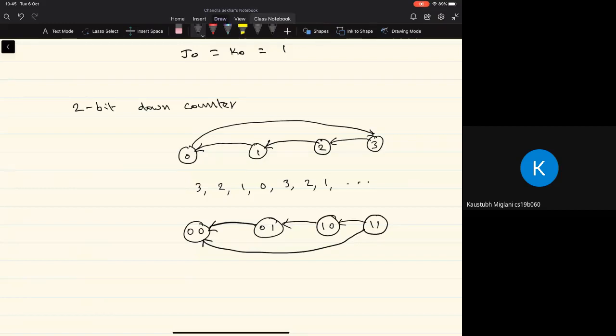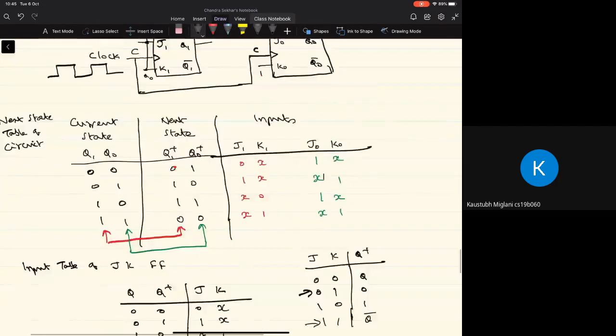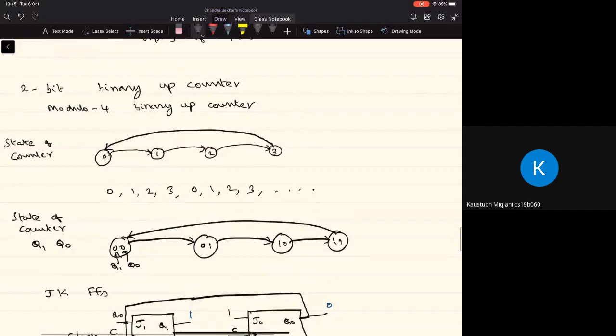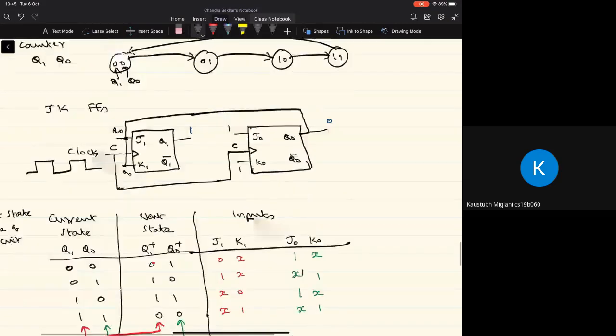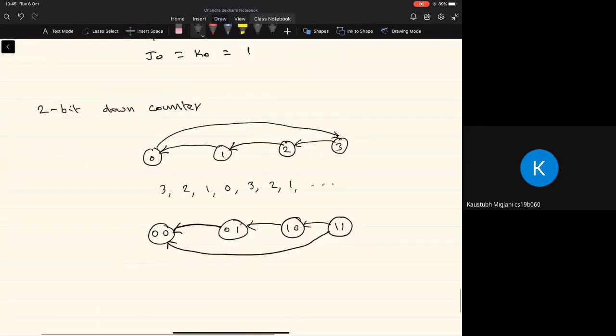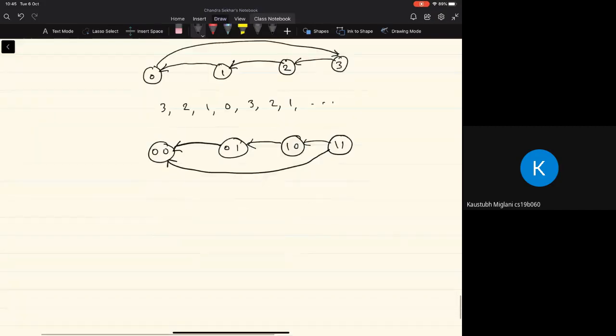Please note that there is a change in the direction of the transitions, whereas for the up counter it is from one state to the following state on the right side, here it is to the state to the left of the current state. Okay. So I'll just give the next state table of the circuit.